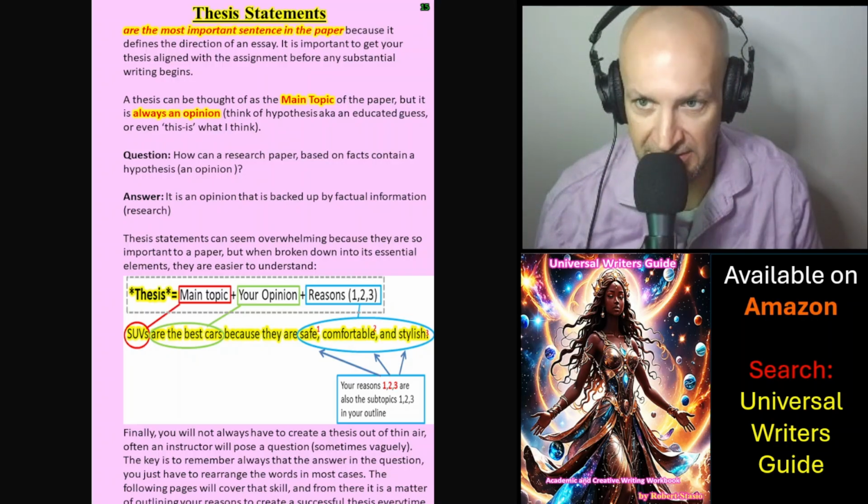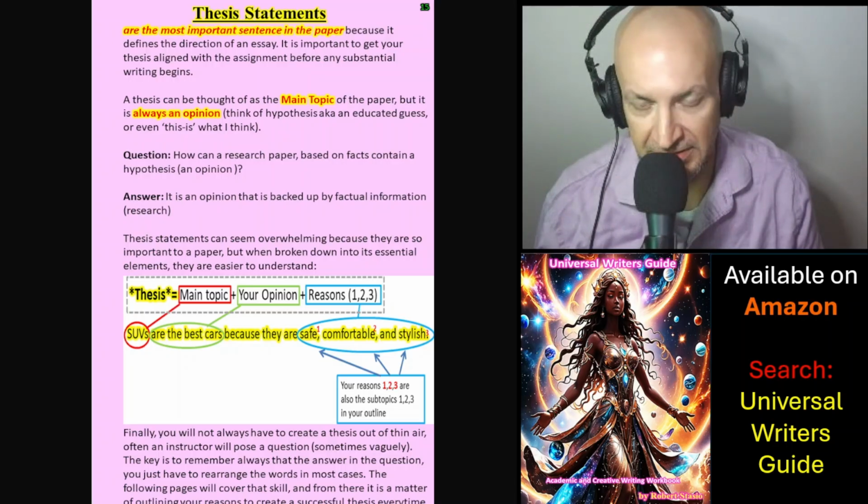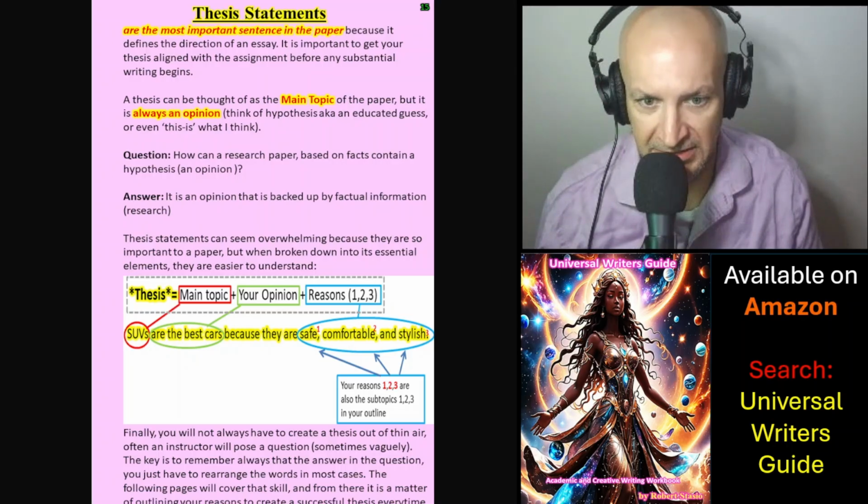That's your opinion, one singular opinion, and your reasons are circled in blue here: 1, safe, 2, comfortable, and 3, stylish. And those reasons are also going to be subtopics 1, 2, 3 in paragraphs 1, 2, 3. Okay, so a safe paragraph, a comfortable paragraph, and a stylish paragraph, all revolving around SUVs are the best cars.